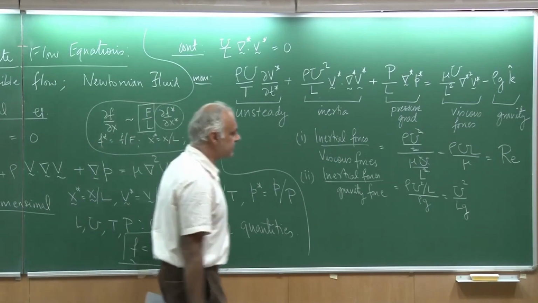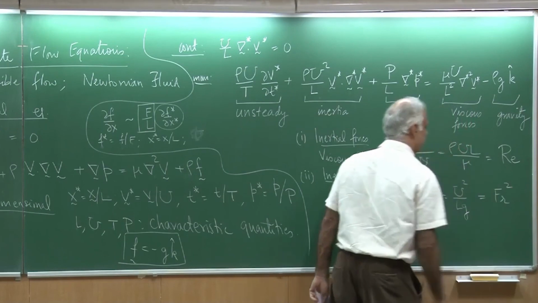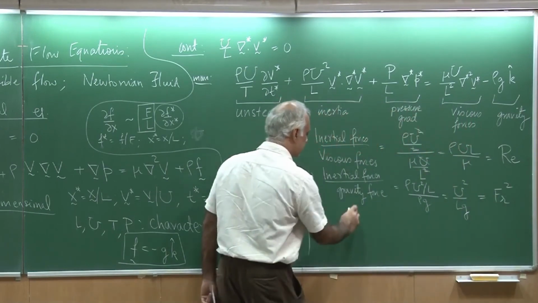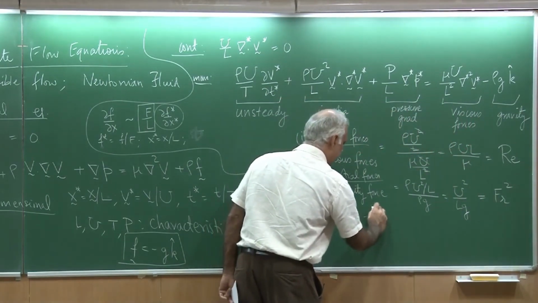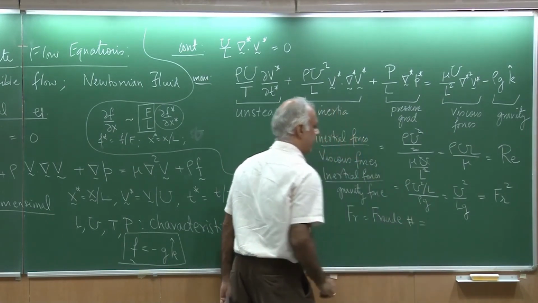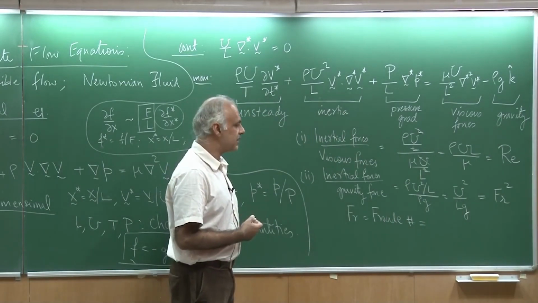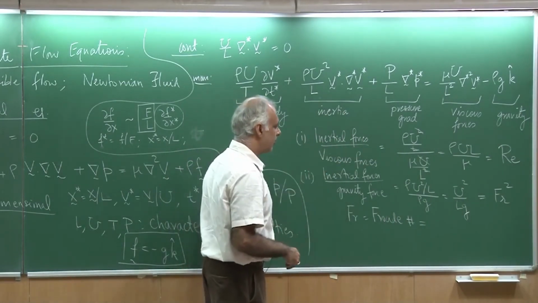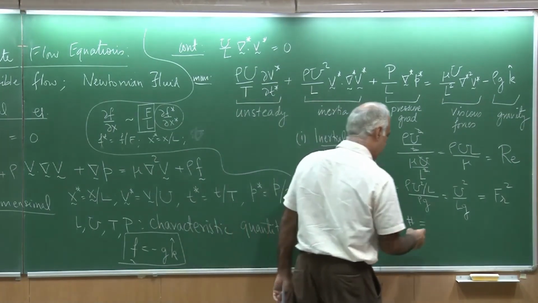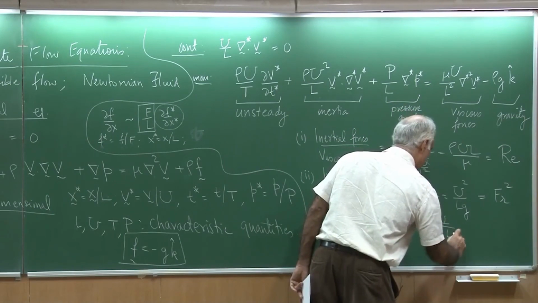Okay? And this is known as the square of a number, the Froude number. So Fr is the Froude number, and they are all named after different scientists who discovered them. So Reynolds, of course, we all know, and this is Froude. So that would be u over square root of L g.